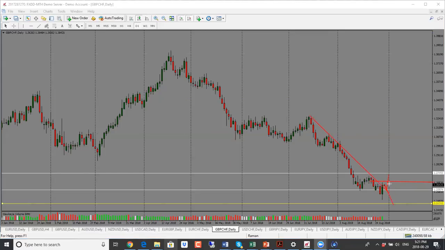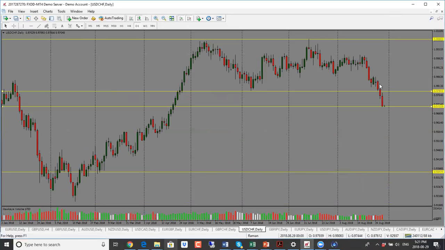If it does not break that level, chances are it could hit that level and trend line, which is also our previous support and resistance. The convergence there could cause it to drop. So keep that in mind. Bias is to the upside for pound Swiss franc.